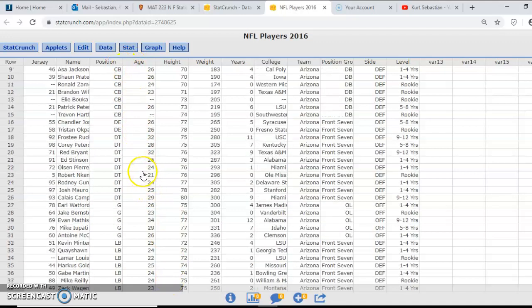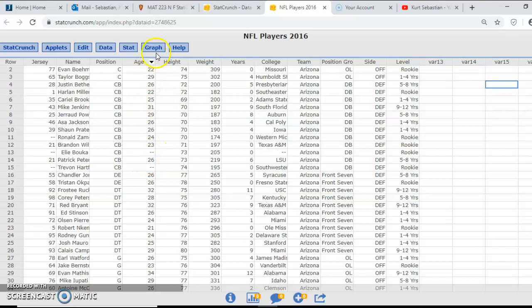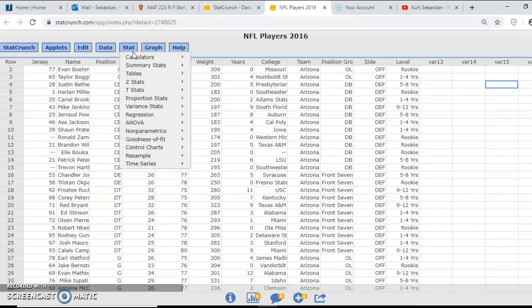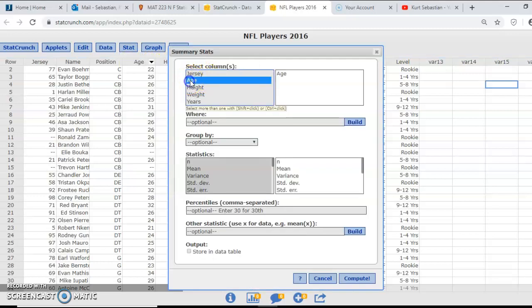So the first thing I'm going to do is go to Stat, Summary Stats, and I want to look at the columns, where age is. I'm going to pick age. Now I want the 5 numbers that I need for my 5-number summary. So I'm going to scroll down the different stats that I want. I don't want all of those.